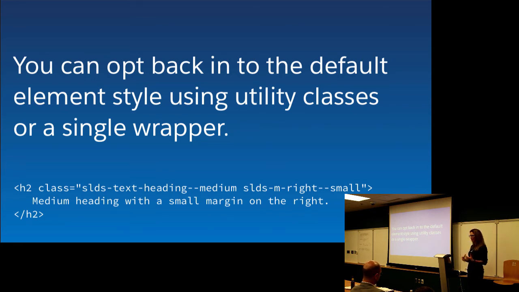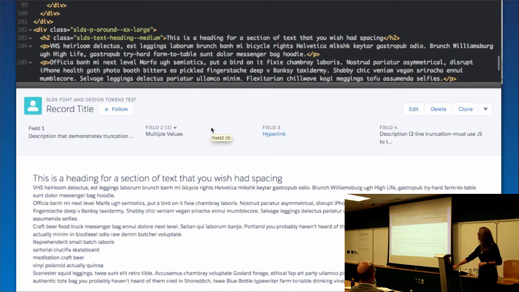So let's say you're building something that needs to have a heading and a vertical rhythm. If it's something simple, you can add one of the utility classes to put a little padding or margin under or over something. Or you can wrap an entire section of content in a class that we've given you that opts everything in there back into the normal styling. And I'll show you what that looks like. So here you can see I have a heading, some paragraphs, a list.